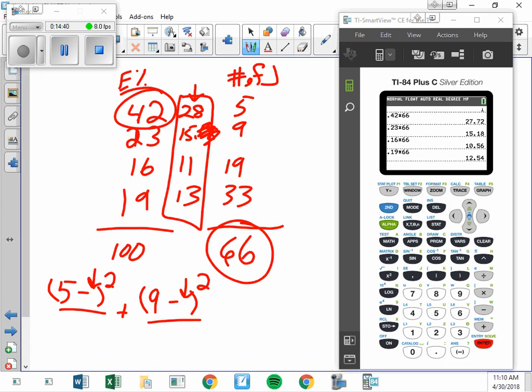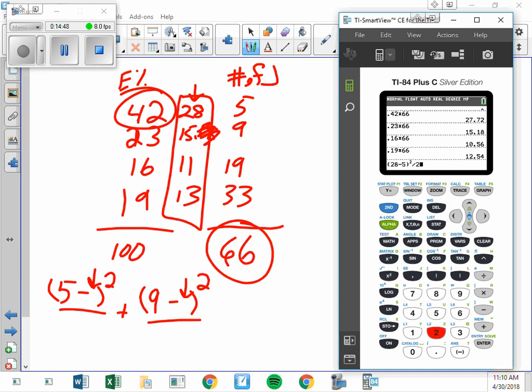How am I going to do that? So 28 minus 5 squared divided by 28, plus 15 minus 9 squared divided by 15, plus 11 minus 19 squared divided by 11, plus 13 minus 33 squared divided by 13.